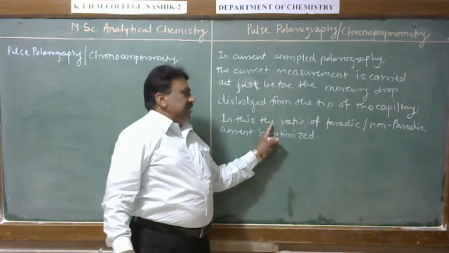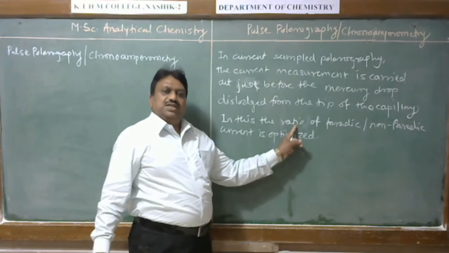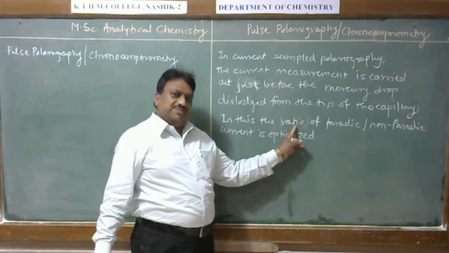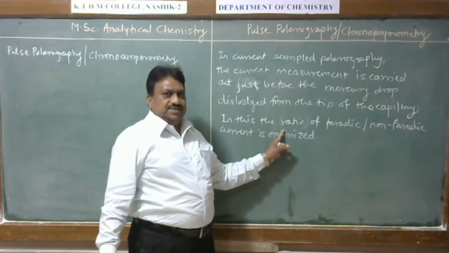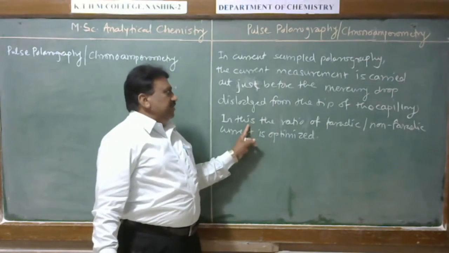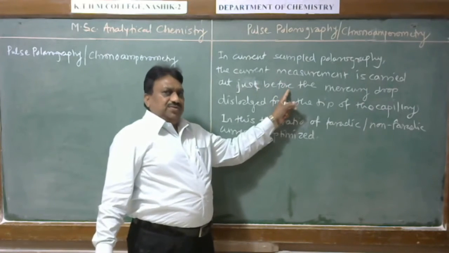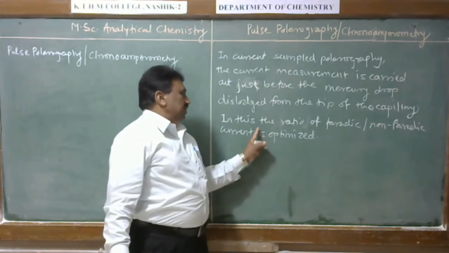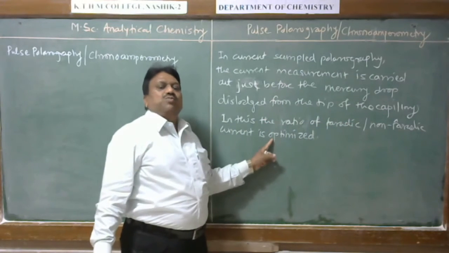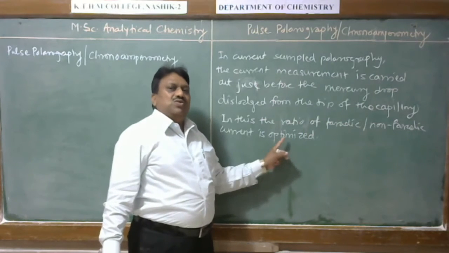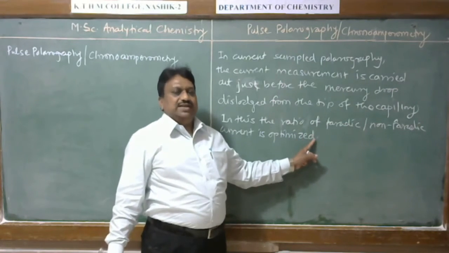As a mercury drop reaches maximum size, the surface area of the electrode becomes constant. At that time, the charging current becomes less. Therefore, by means of current measurement at the end of the life of the mercury drop, the ratio of faradic current to non-faradic current is found to be more, and therefore we can increase the sensitivity up to 10 raised to minus 6 moles.